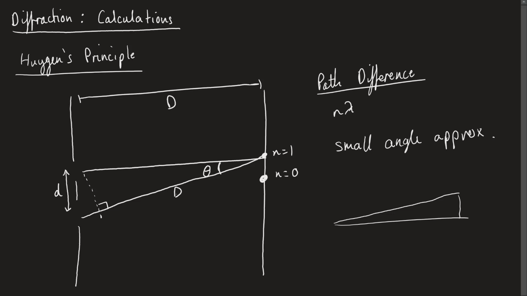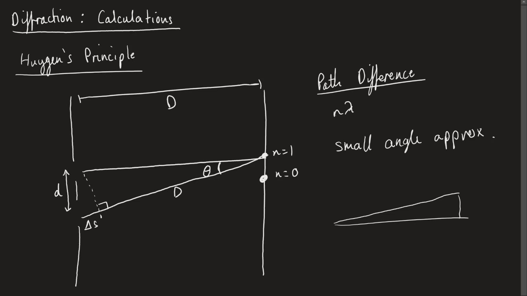Now, that means that this distance here is going to be some extra displacement. This is some path difference, and this is what we want to work out, because for this to be a maximum here, this path difference needs to be an integer number of wavelengths.